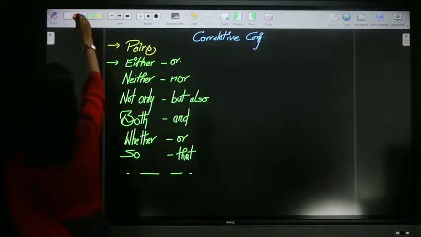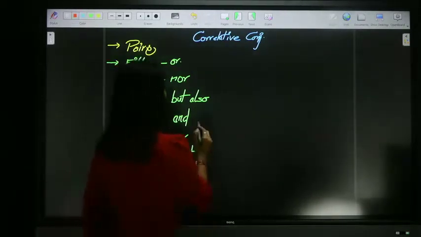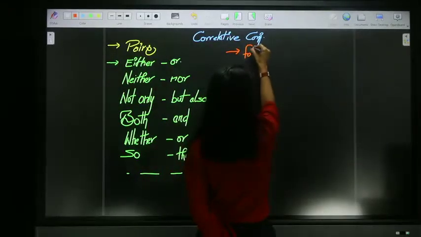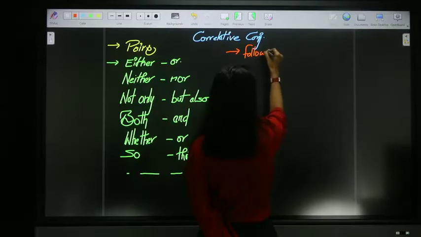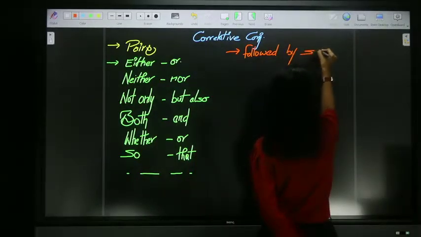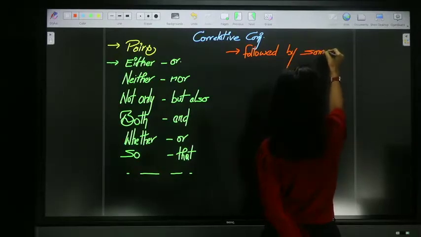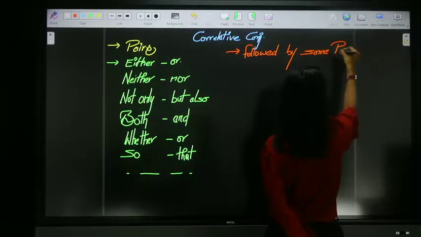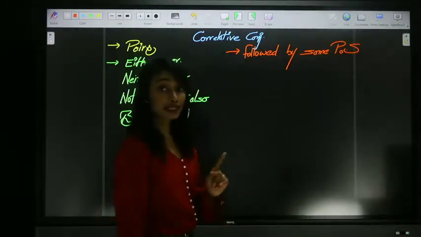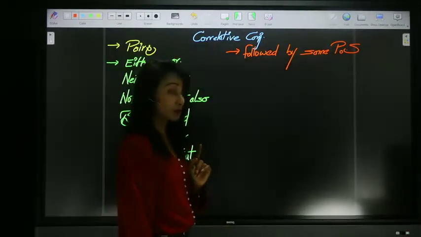Now, third thing, correlative conjunctions are always followed by same parts of speech. Remember that.